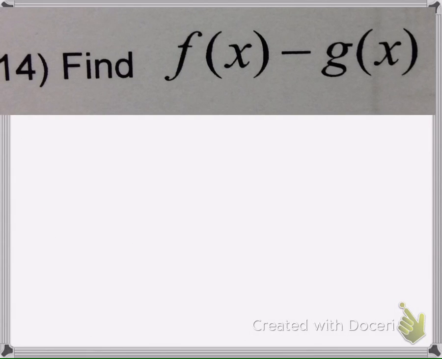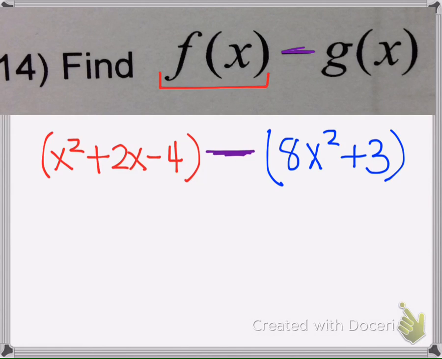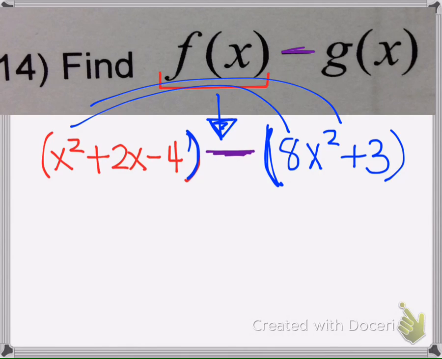Okay, so this one says to take f of x, so x squared plus 2x minus 4, and it says this time to subtract g of x, which is 8x squared plus 3. So in between the parentheses are not touching. So this does not mean to FOIL and multiply and stuff like that. It's asking us to subtract.